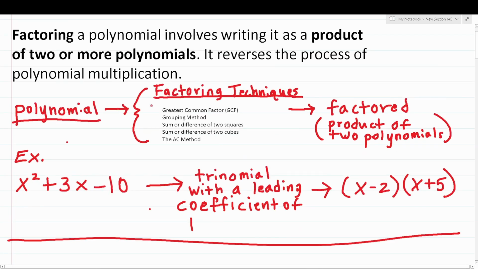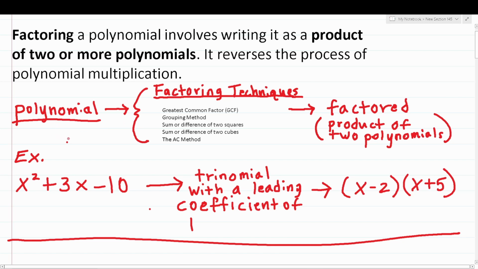All right, so simply put, factoring a polynomial involves writing it as a product of two or more polynomials. It reverses the process of polynomial multiplication. As simple as that sounds, we know that reality is usually a little bit more complicated, and here's why. You'll be asked to factor a polynomial.